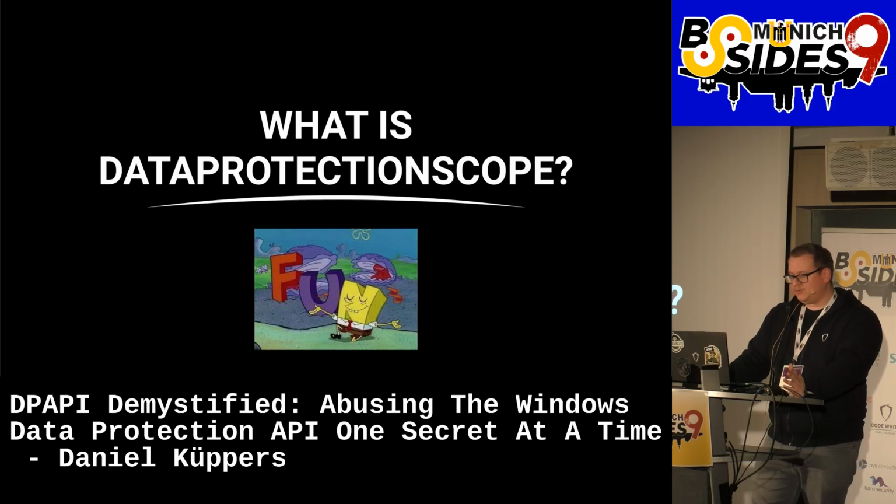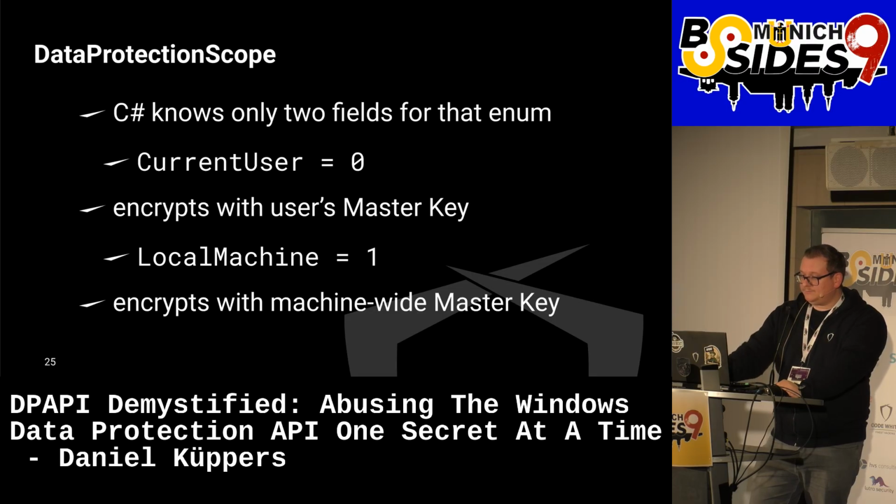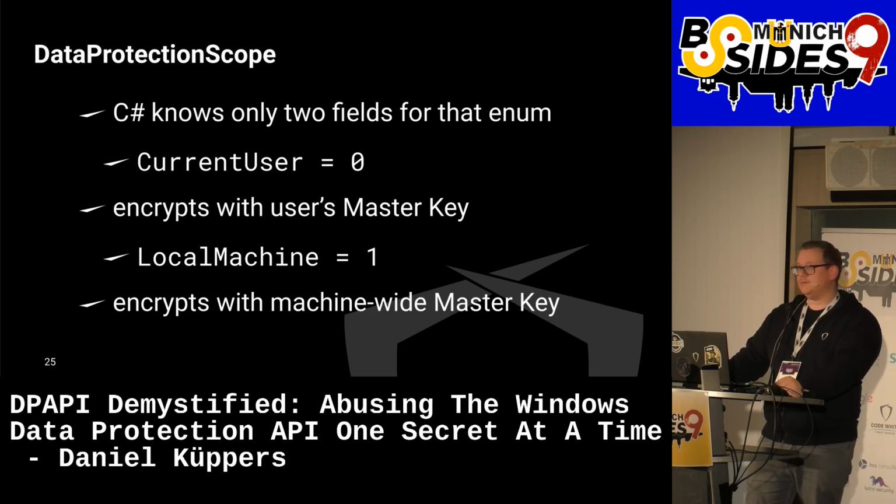What is the data protection scope? That is another fun one, and actually my favorite. Let's see. In our PowerShell example, we also set a data protection scope. So that one was CurrentUser. C# or PowerShell knows only two values. The first one is CurrentUser, which is 0.